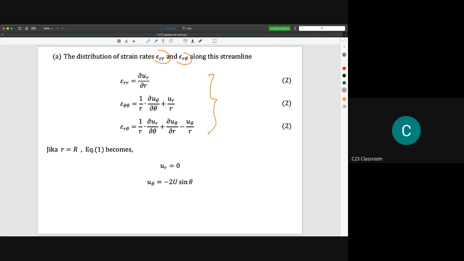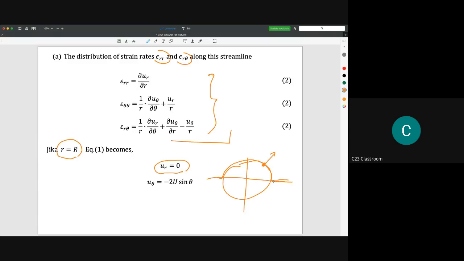Okay, I also uploaded a few notes about this on my website. The important one is this one. We want to know what happens when r is equal to R. So we substitute in the UR equation, and we find the value is equal to 0. Why? Because if we had a velocity component in R here, the flow would not exactly flow around the cylinder.